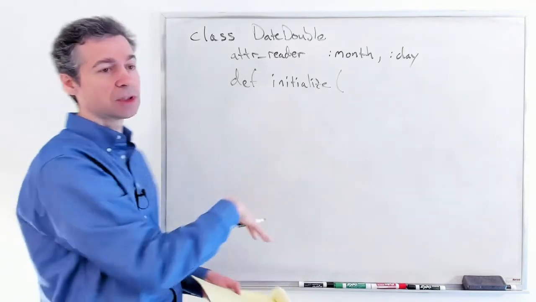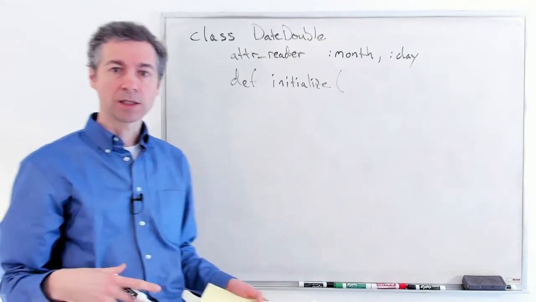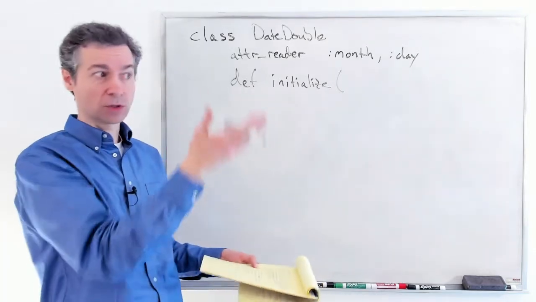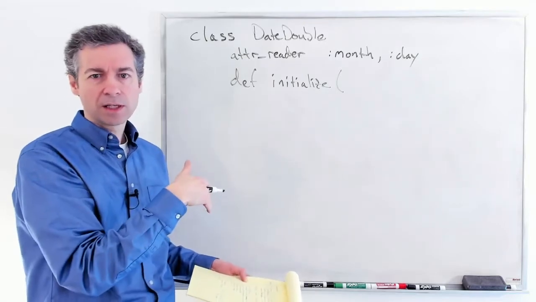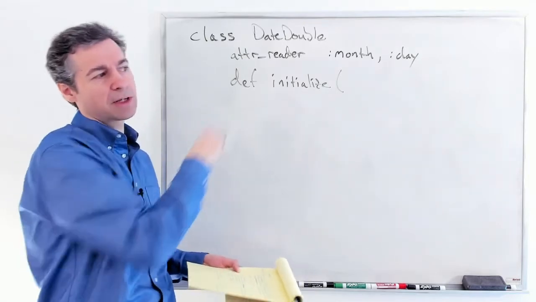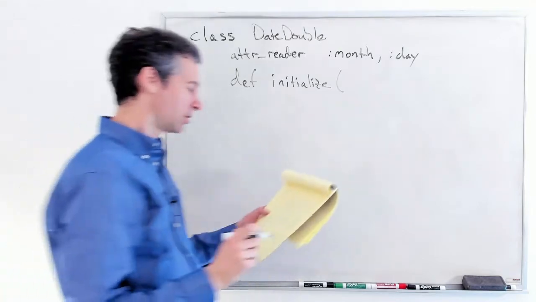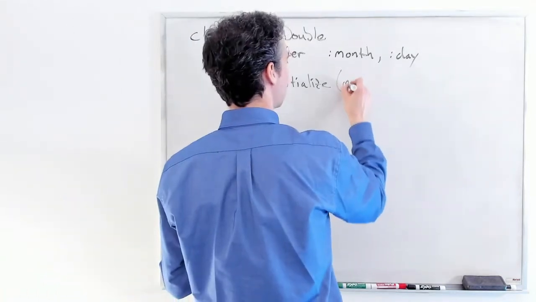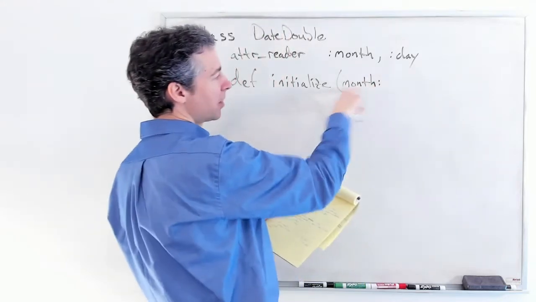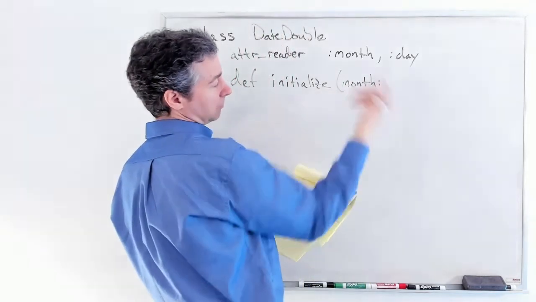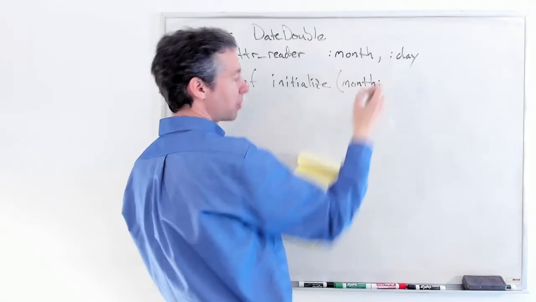Besides the code being really close in my testing file, so I could even just go look, it's just there. The other thing that's really nice about it is I can actually say, I want to make this with named arguments. Okay, so I'm going to make a named argument month. And so we make a named argument by using the name here, and then we put a colon after it.